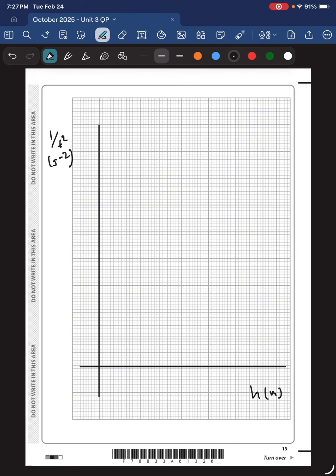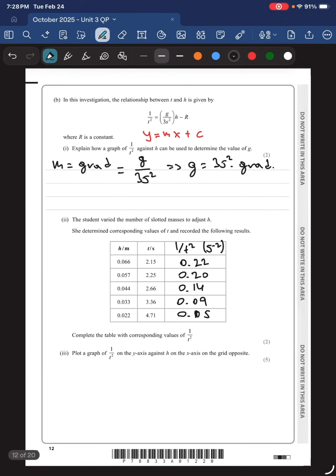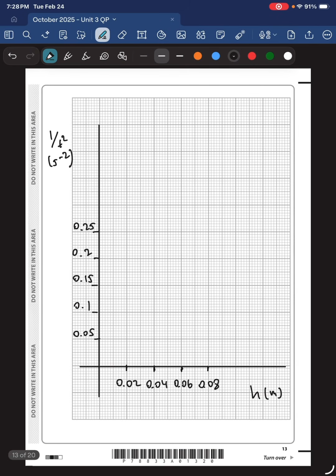We can make the big squares 0.05, 0.1, 0.15, 0.20, and 0.25. And then we can make these big boxes 0.02, 0.04, 0.06, and 0.08. So first point, 0.066 and 0.22.